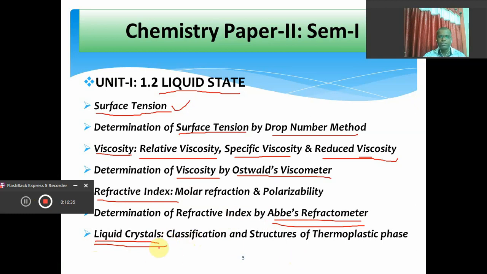So in this we will discuss the classification of liquid crystals, their properties, and the structure of some thermotropic liquid phases. So this is all about unit number 1. It will contain two topics, chemical kinetics and liquid state, that we will discuss in unit number 1 during the study of chemistry paper 2 in semester 1.